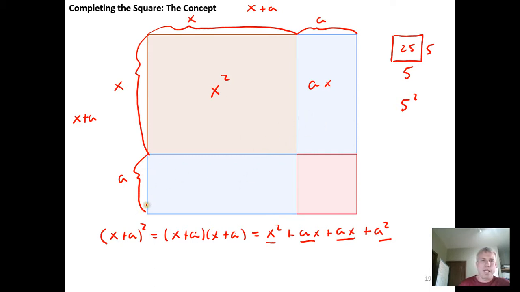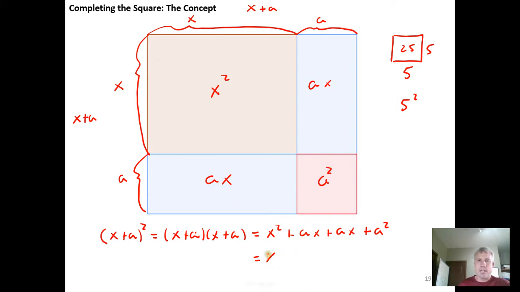It has a height of a and a width of x, so its area would be a times x. And this little square right here is a wide by a high, so its area is a times a, which is a squared. If I add up the areas, I get x squared plus ax plus another ax plus a squared. So squaring this binomial actually gave me the area of the four regions that my square has been broken into.